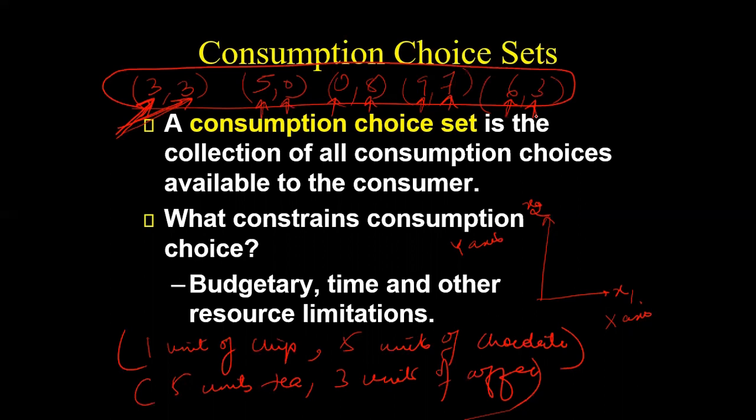However, we can also generalize this consumption choice set. What do I mean by generalization? I mean that we can increase the number of goods in the consumption choice set. In that case, it will be difficult to present this on a graph because I will have so many axes, but it can be done.